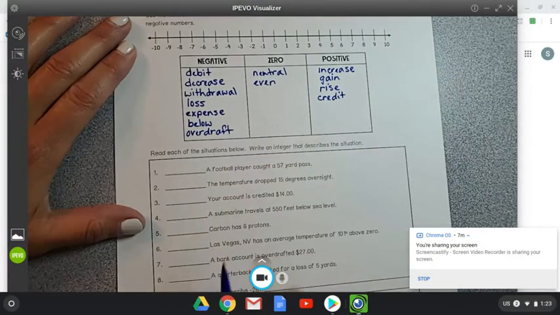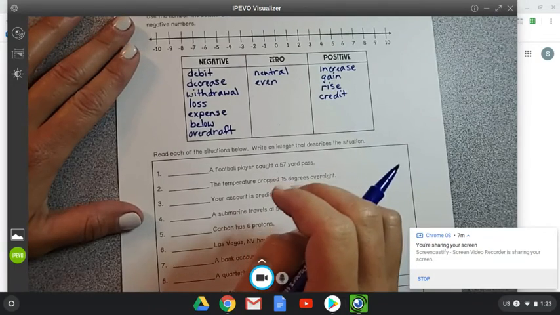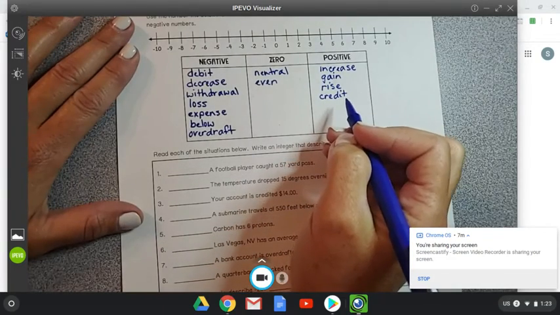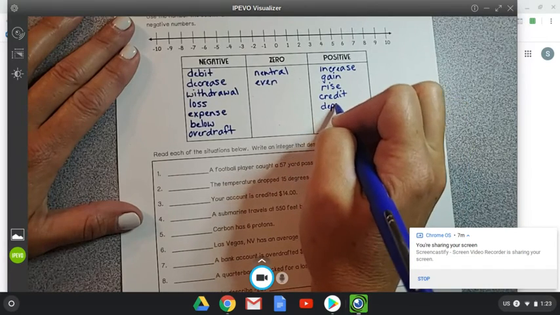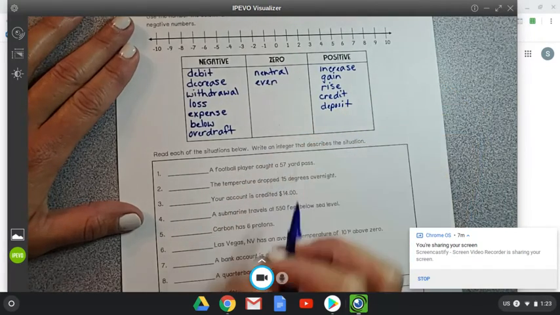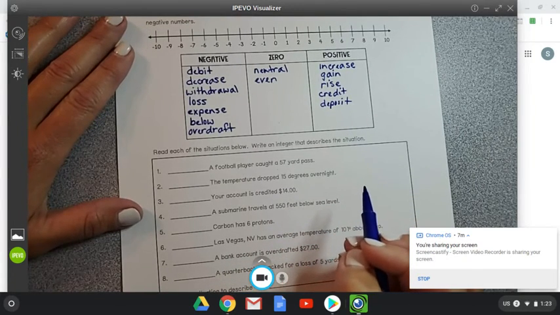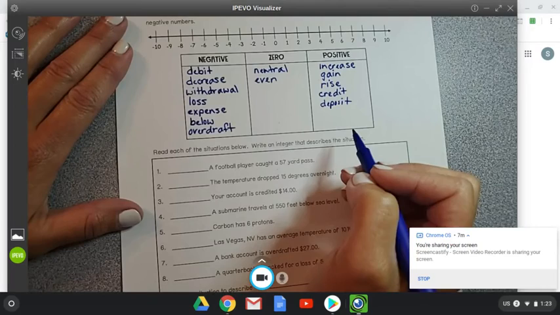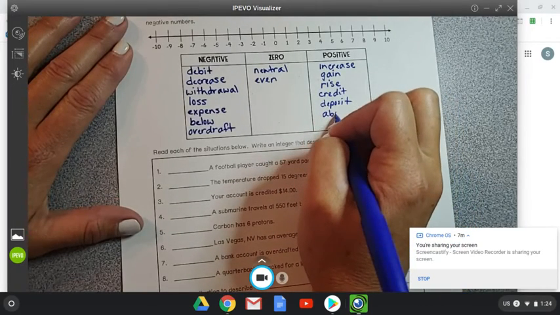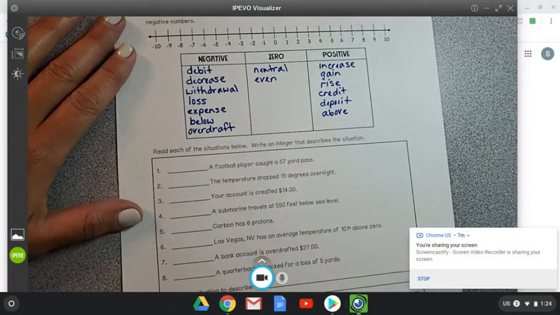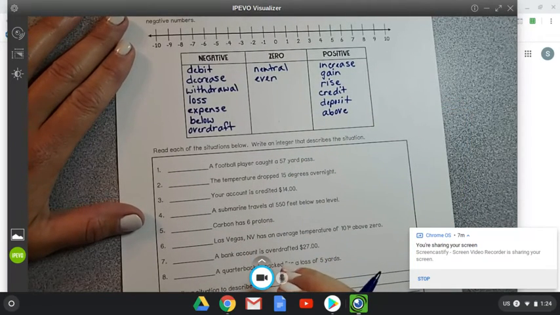So that means someone has credited you money or has given you something. So that's a positive change. Deposit, when you deposit money in your bank account or put money into something, that is going to be positive. And above, again, above sea level or above zero is going to be positive.